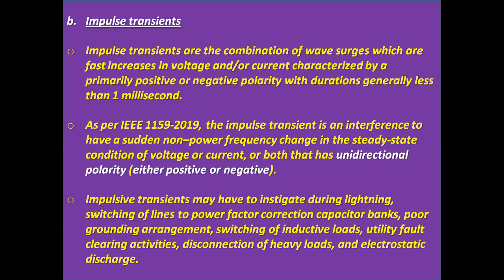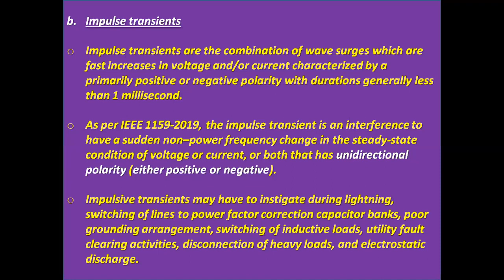Impulse transients. Impulse transients are a combination of wave surges, which are fast increases in voltage and or current characterized by a primary positive or negative polarity with duration generally less than 1 millisecond.